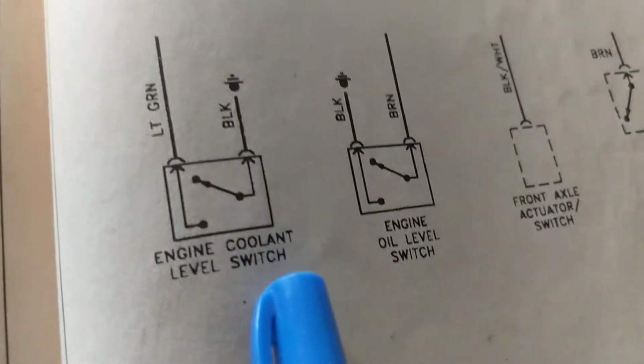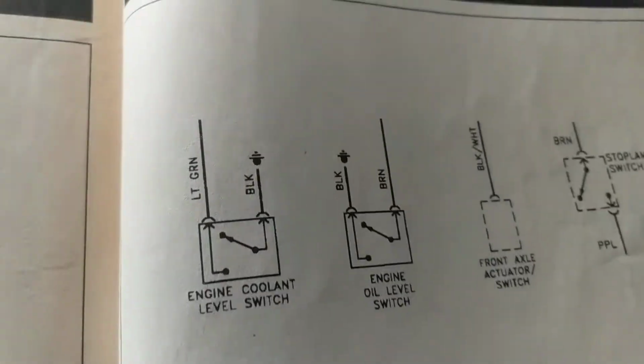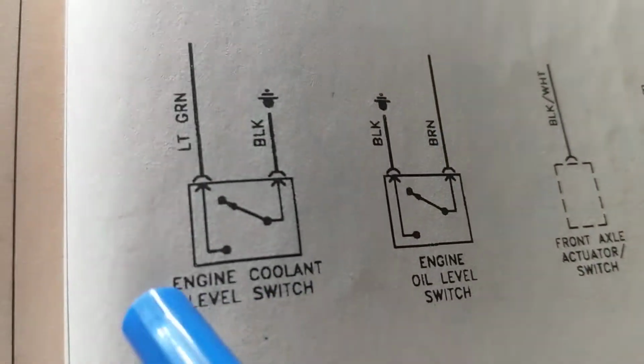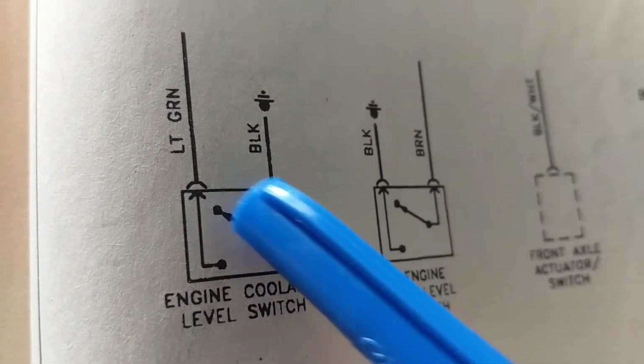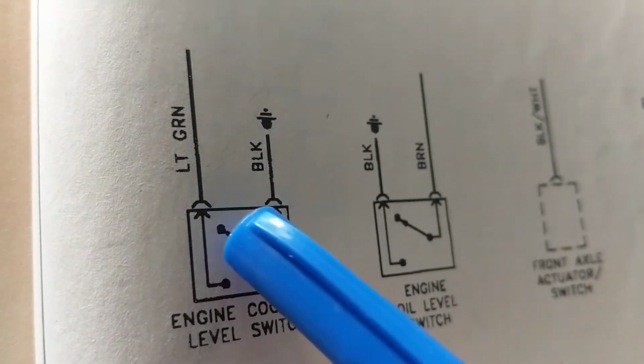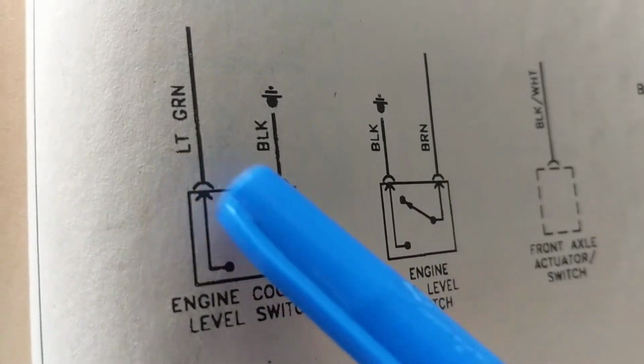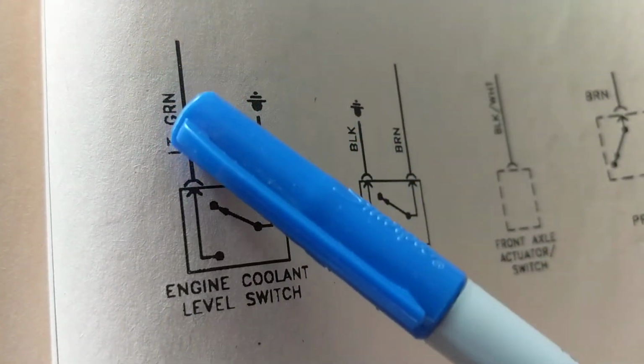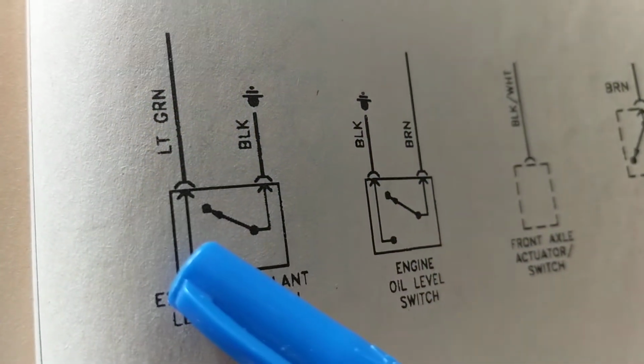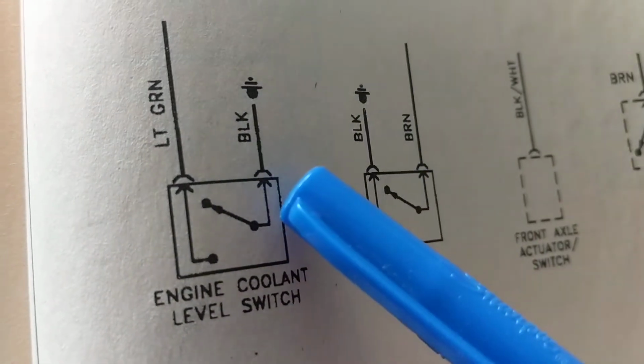Now, engine coolant level switch. The level of the coolant in some vehicles. In this position, the rest position, when it's not activated or engaged, it's in an open position. There is no connection from this light green wire to the black wire. Nothing.